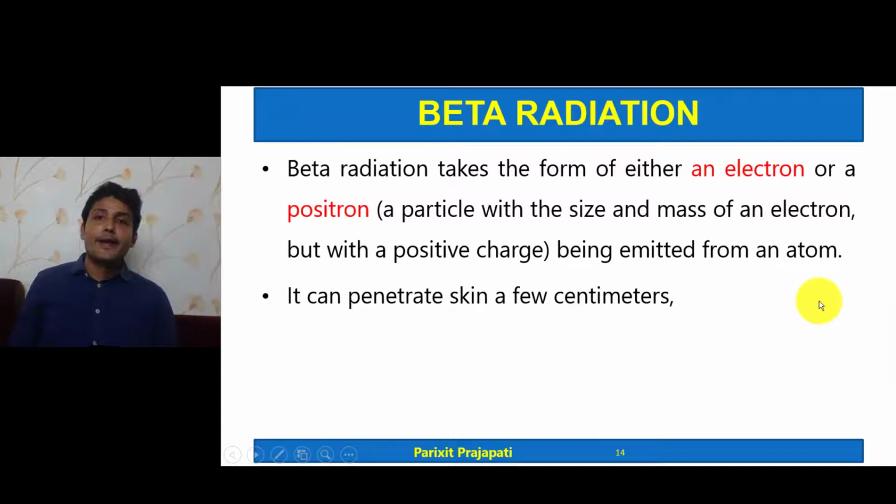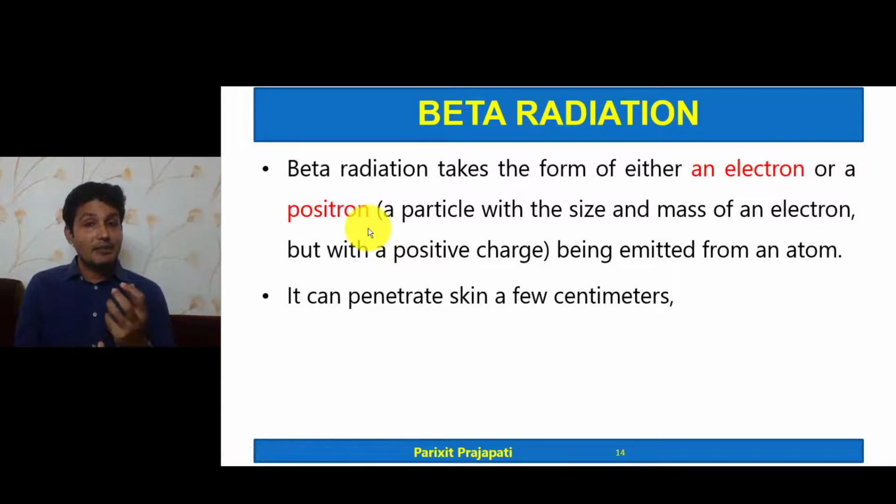Next, beta radiation. Now what is beta radiation? Beta radiation takes the form of either an electron or a positron. Beta radiation can be an electron, that means negatively charged, or a positron. Now what is a positron? A positron is a particle with the size and mass of an electron, but with a positive charge. So it has a similar size and similar mass, but a positive charge.